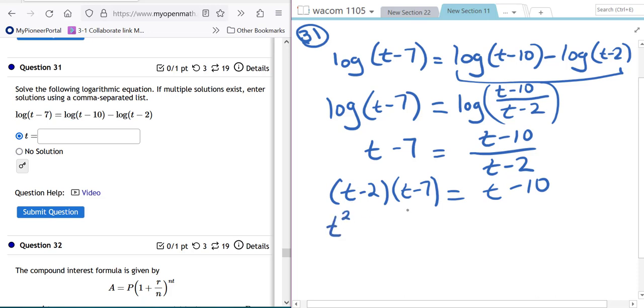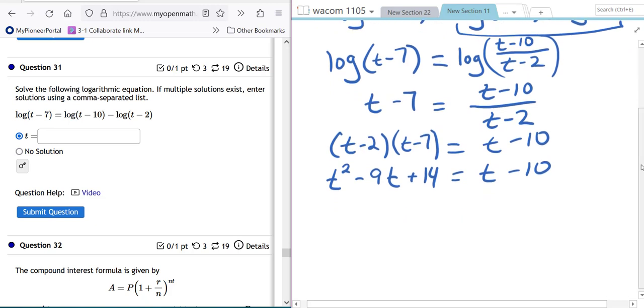So we have t squared minus 7t, and minus 2t is going to be minus 9t plus 14 equals t minus 10. And it is a quadratic equation, so you want a 0 on this other side. So we're going to subtract a t. That will give us a minus 10t. And we're going to add a 10, so plus 24, and that will give us 0.